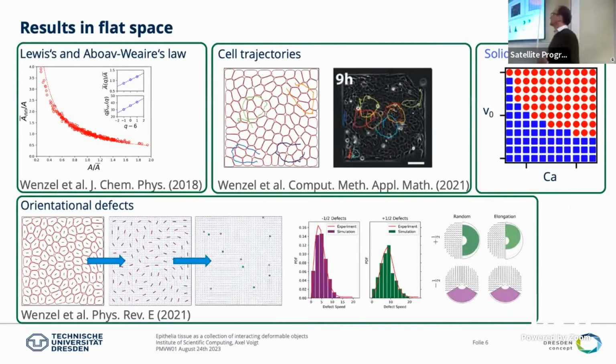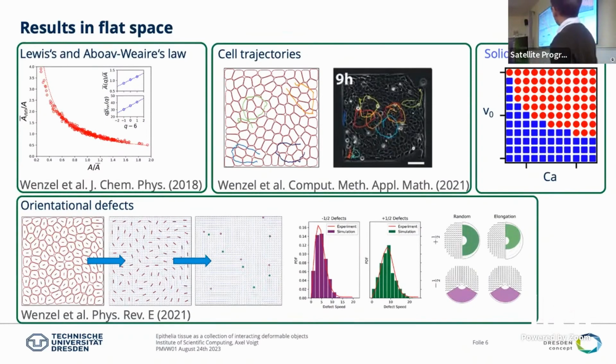Okay. While we are still in 2D, the question is, is this already useful for something? First of all, even if I showed the video with cells which all have the same size, we could have different sizes. Then a question would be, can we reproduce known relations between neighbors from passive systems like Lewis's and Aboav-Weaire's law?